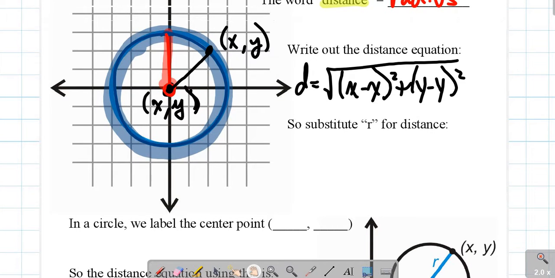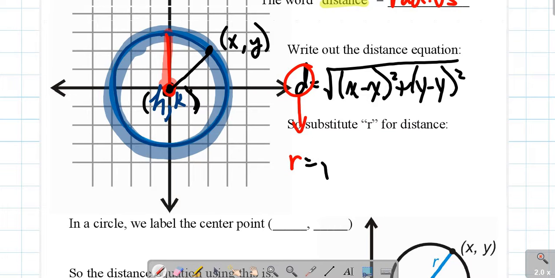But we're going to clean this up in 2 specific ways. One, since it's a special point, that center point, we have a special set of variables. We call the XY coordinate of the center of a circle H and K. So remember when I said the distance is replaced with radius?